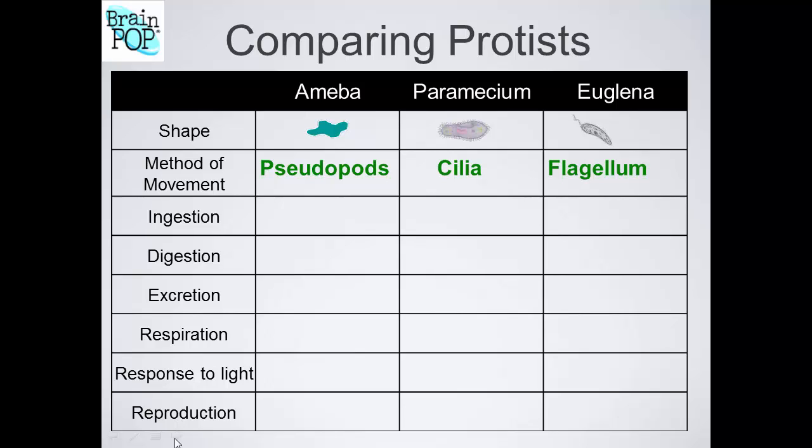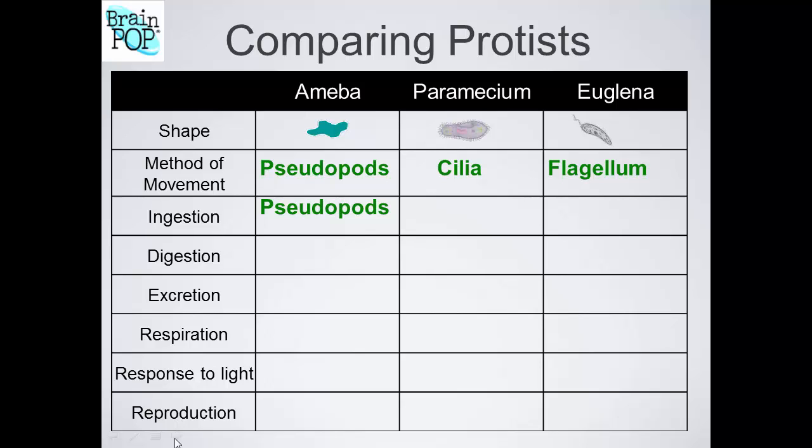How about taking in food, ingesting food? How does an amoeba ingest its food? Vanya? It kind of surrounds it. Yeah, it surrounds it and engulfs it with the pseudopods. How does a paramecium get food?